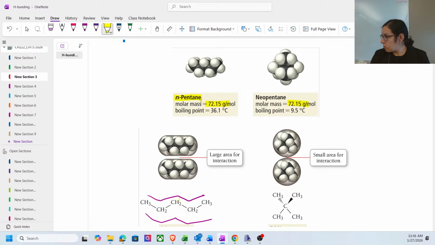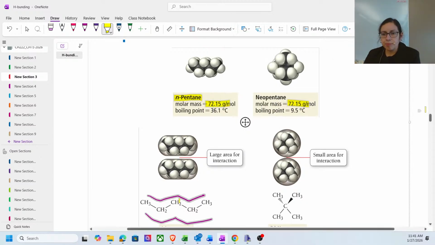So we are phasing out hexanes in favor of pentane, and so it's a good choice. 36 degrees Celsius for a boiling point, so we can work with that. And obviously neopentane would not be a good alternative with a boiling point of 9.5 degrees Celsius. That would be boiling off at room temperature. That really wouldn't work out for us.